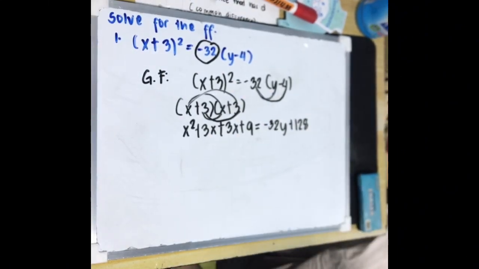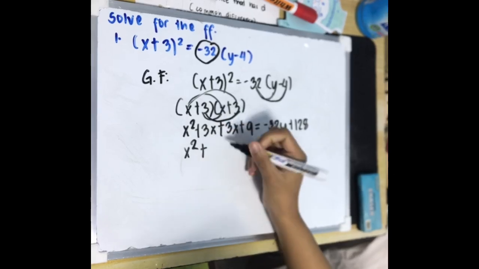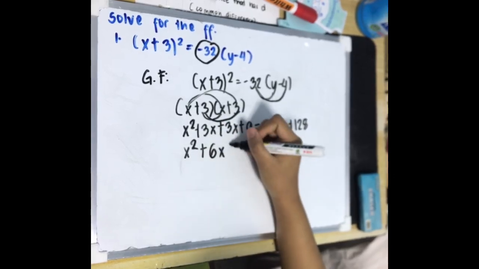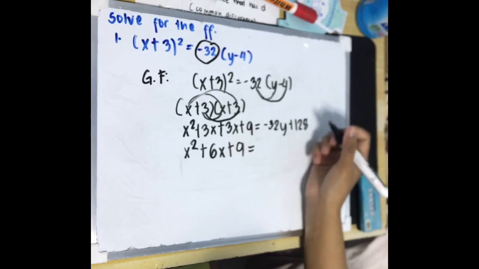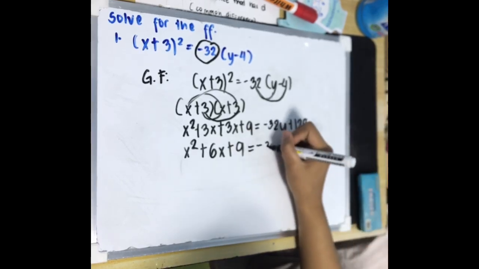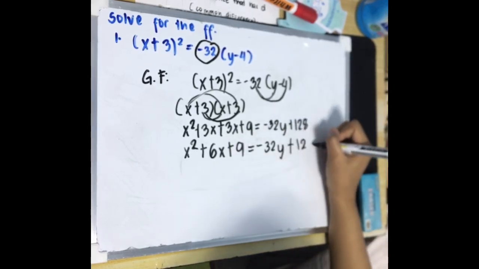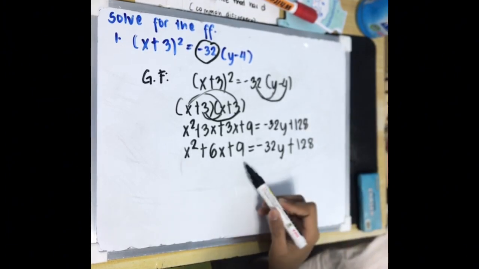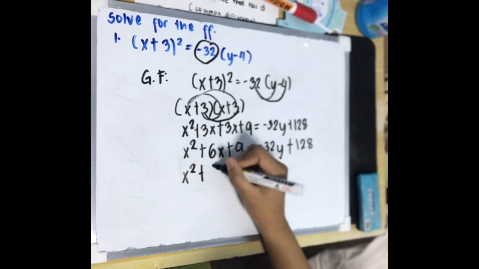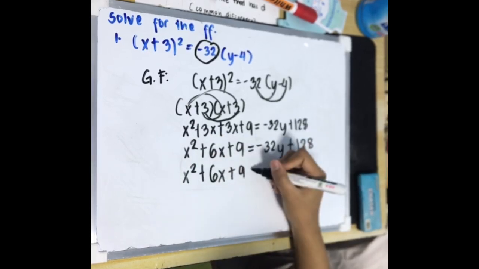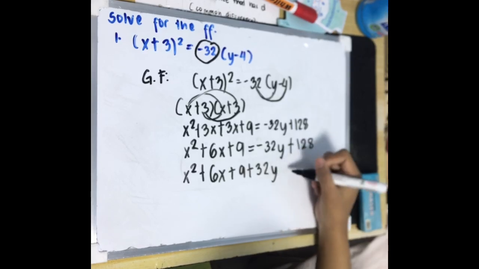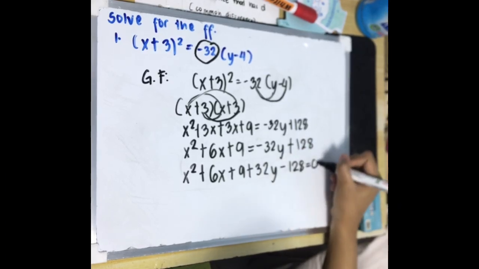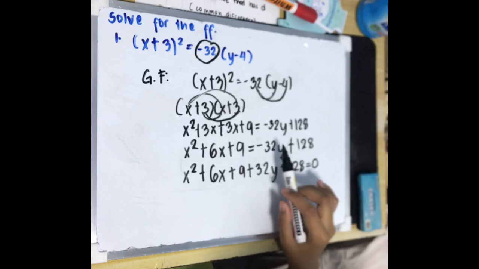So we have them all now, pero we're going to arrange x squared plus 3x plus 3x, 6x plus 9 and equals negative 32y plus 128. So ayos ulit natin siya, pero ipapasok na natin itong 32 sa loob. So, kaya siya naging positive kasi nilipat natin siya sa loob.